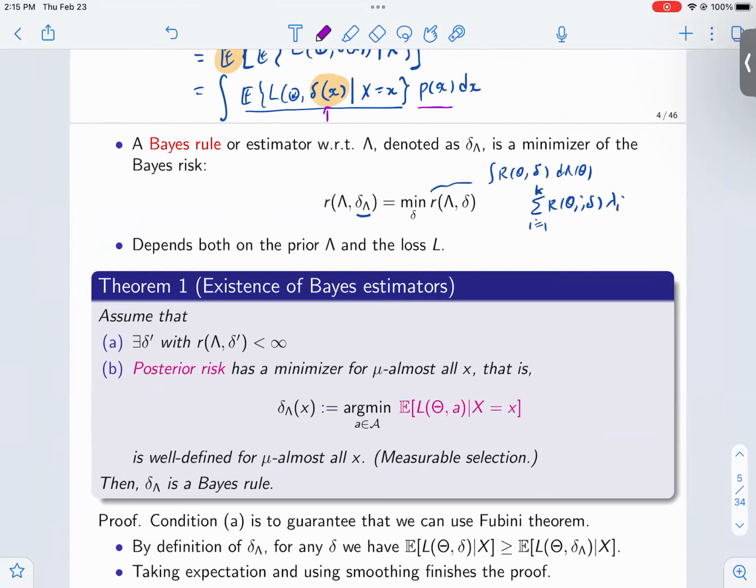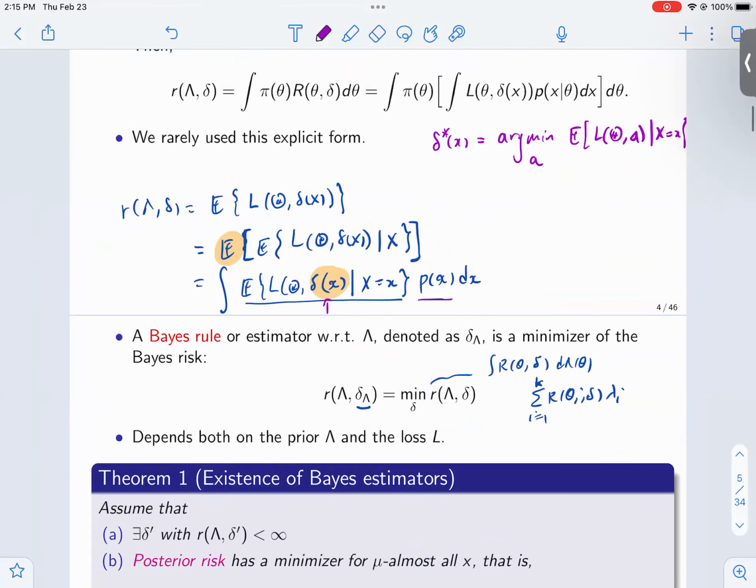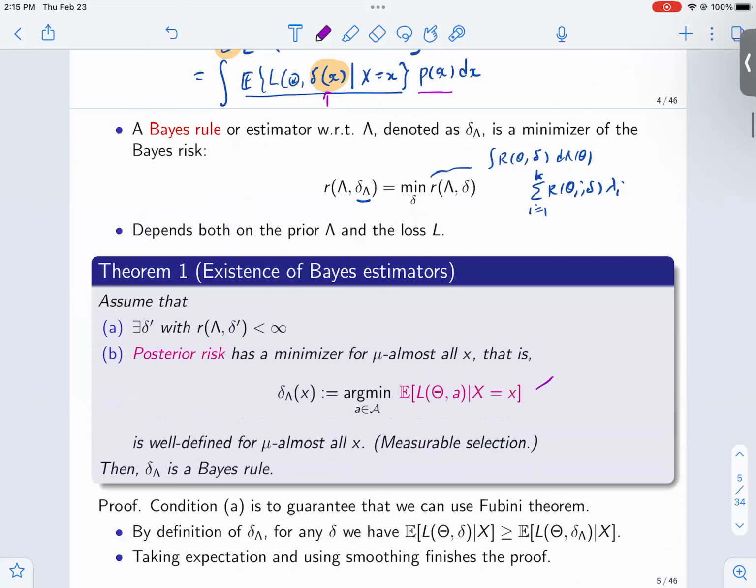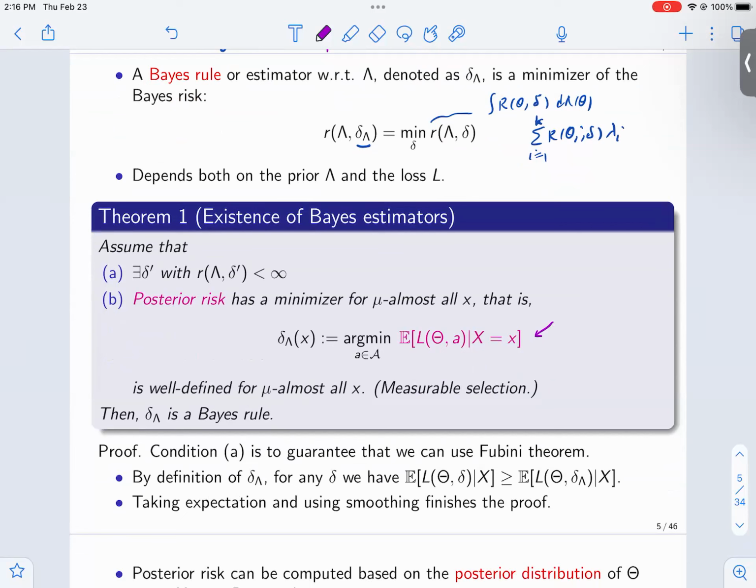There is a minor condition that there exists a decision rule for which this Bayes risk is finite. This is a technical condition. Otherwise, if there is none, then everything has infinite Bayes risk, and you don't have to worry about the optimal, the minimizer. The second condition is that this is called the posterior risk for obvious reasons.